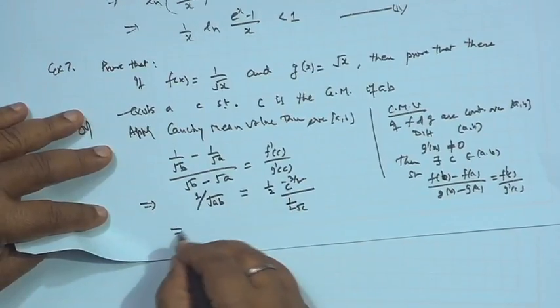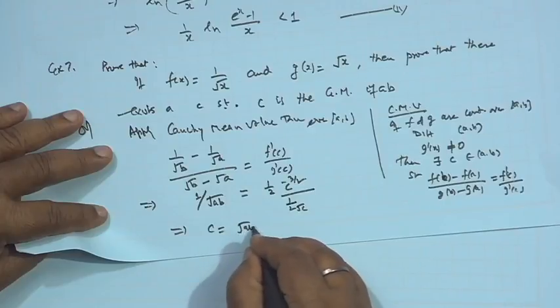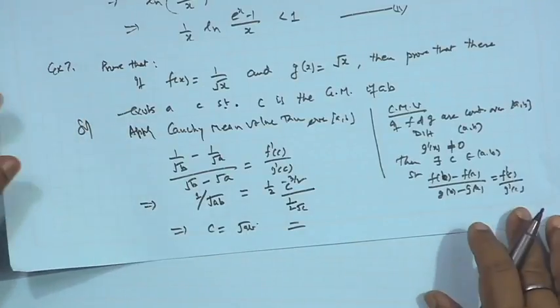So, from here we get c = root(ab), and that is the answer for it. Thank you very much. Thanks.